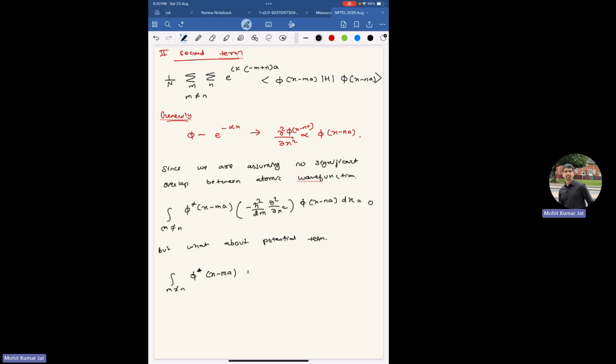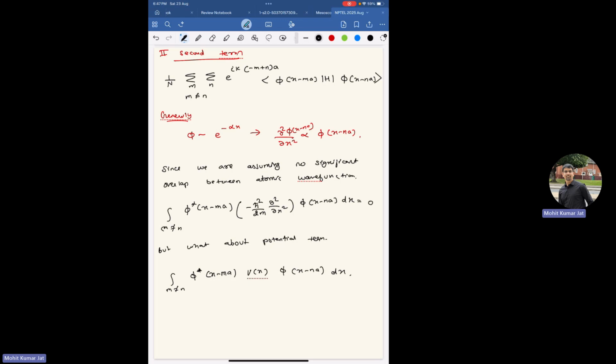So if you see phi star x minus ma Vx phi x minus Na dx, although we have neglected that phi x minus ma and phi x minus na for m not equal to n are not overlapping and are 0, some fraction of overlap is always there, right? And since this potential is there, because of this potential the contribution will come.